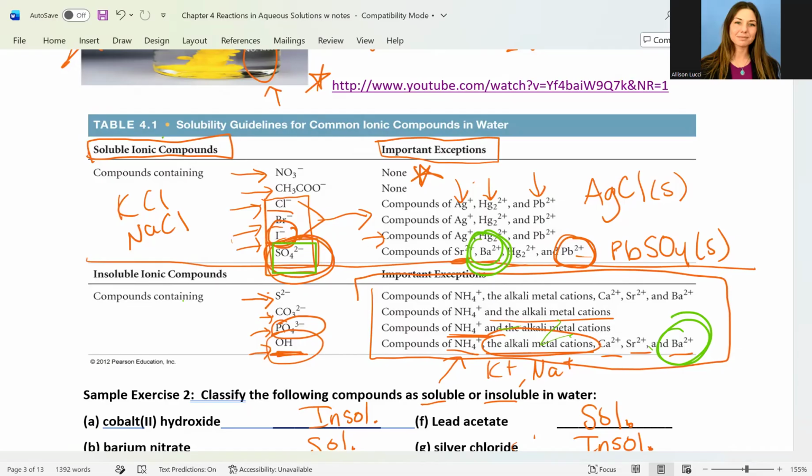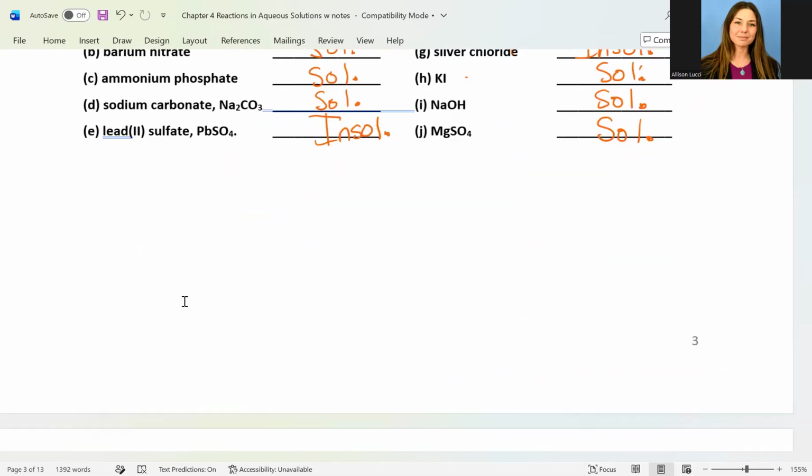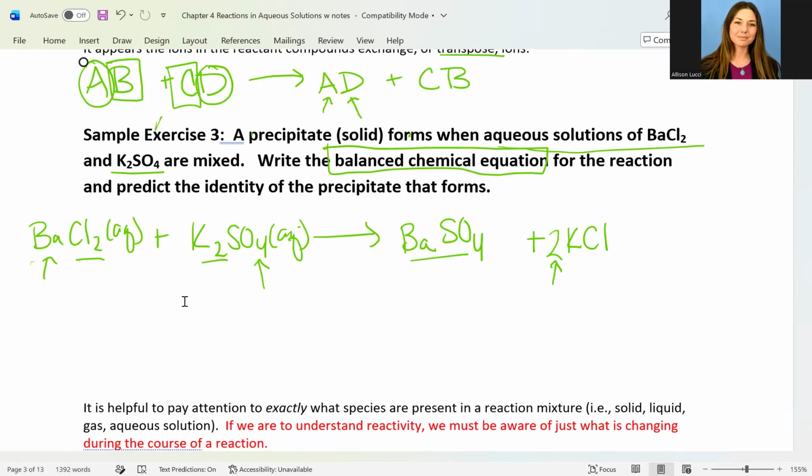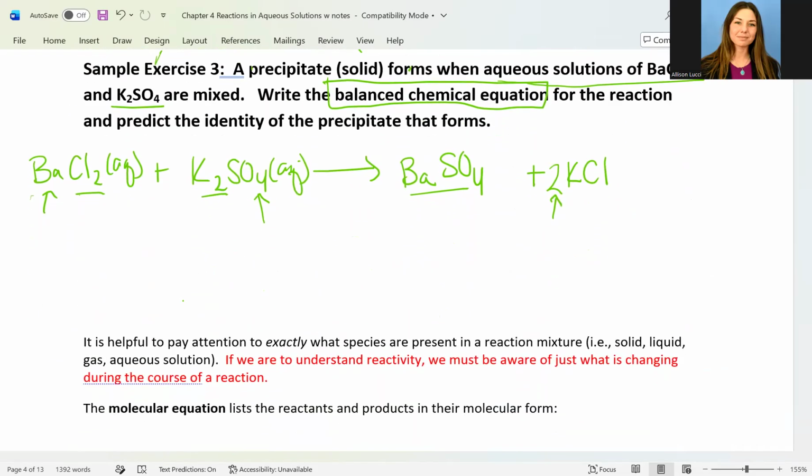So barium is one of the times when sulfate will form a solid precipitate. And then we can see that chloride is always going to be soluble unless we have these ions here. So with potassium in our other potential product that we wrote below, we know that that would remain aqueous. So let's go back and add those notations here.